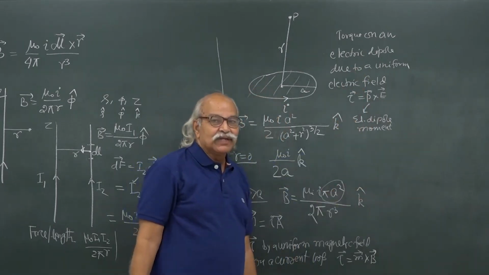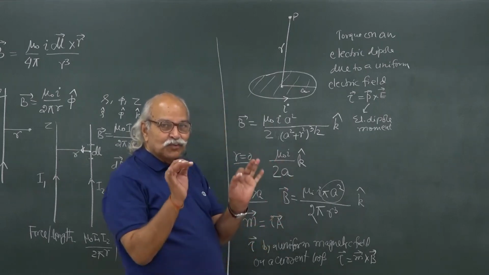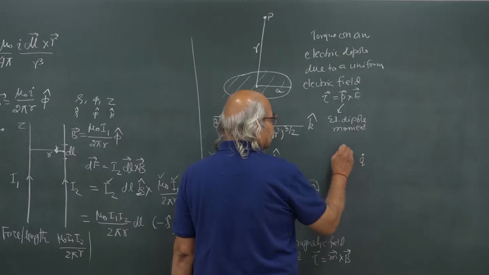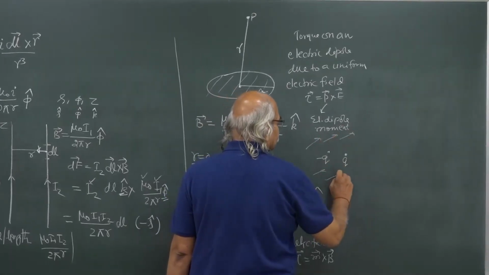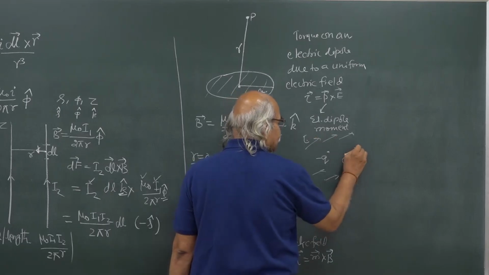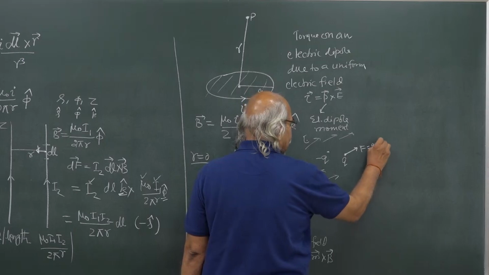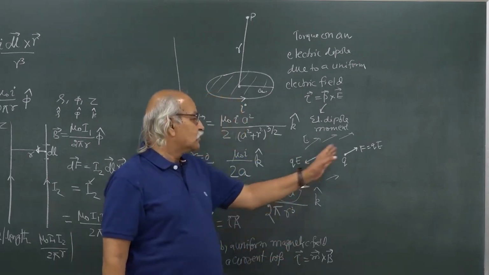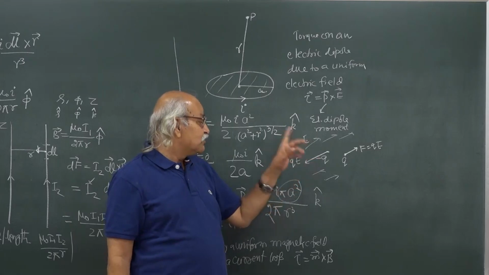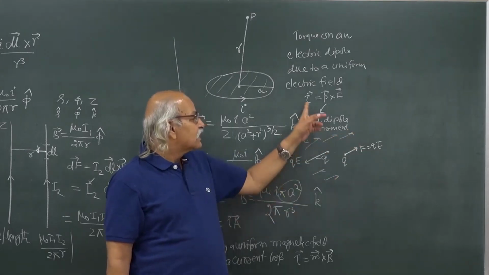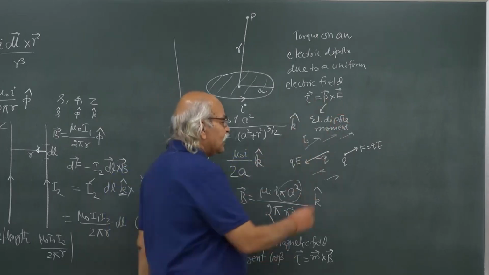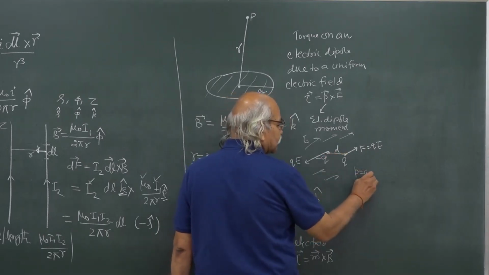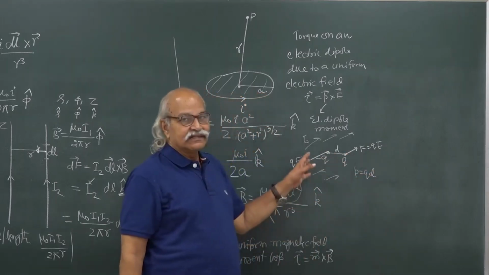Electric dipole moment, you can take it as 2 point charges minus q and plus q separated by some distance, and then if you have electric field in this direction, there is a force out here, this force is q times E, and then you have a force here which is again q times E. And if you take torque of these two forces about any point, that finally turns out to be this P cross E, where, if this distance is d between the two charges, then P is q times d, and from negative charge to positive charge, that is the direction.